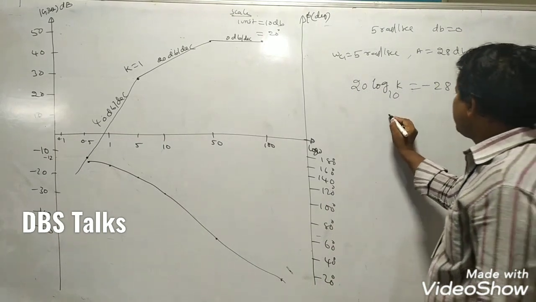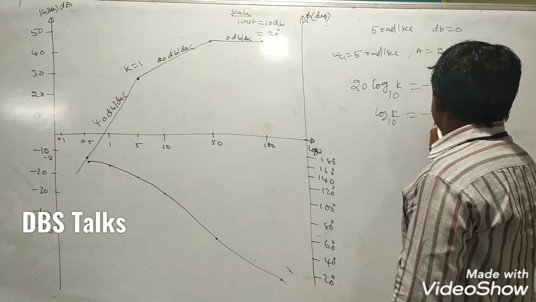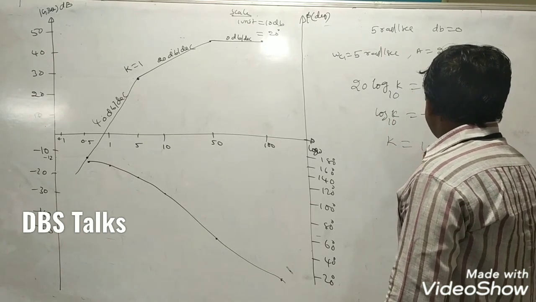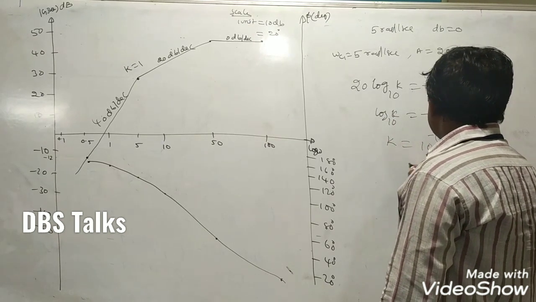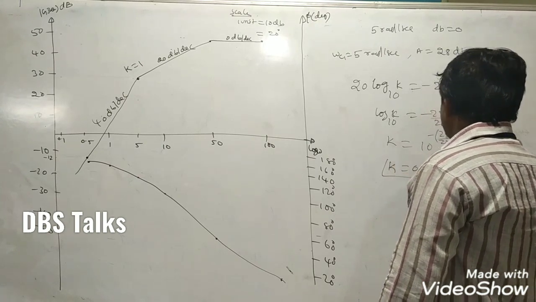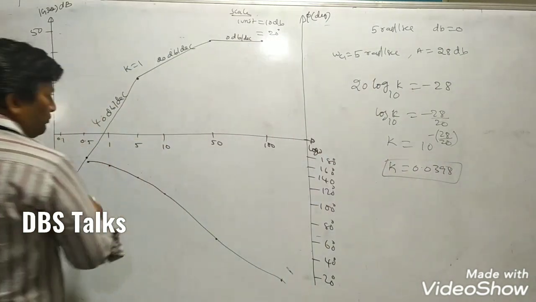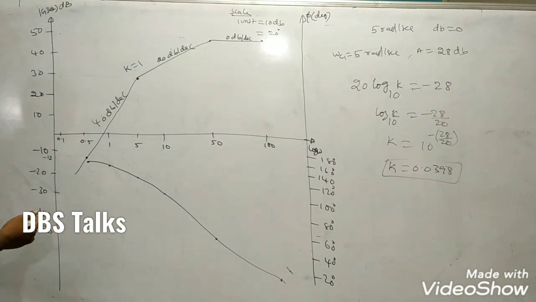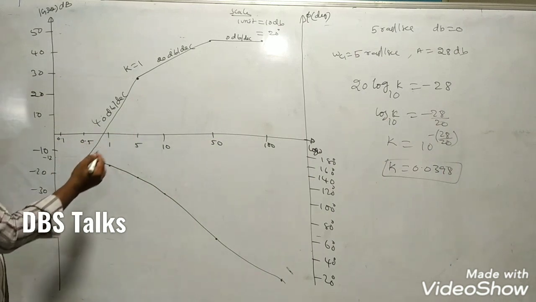So log k base 10 is equal to minus 28 by 20, k equal to 10 power minus 28 by 20. This value is 0.0398. For that k value we have to draw the magnitude plot of the Bode plot, adding minus 28 dB to each point.